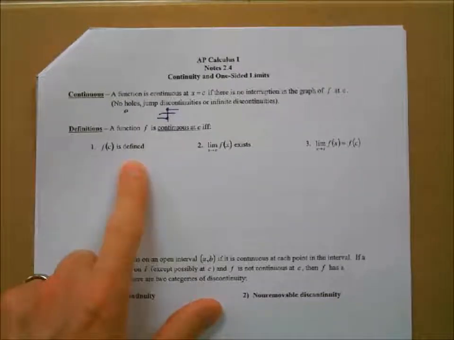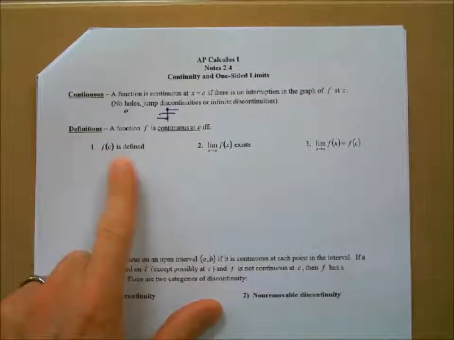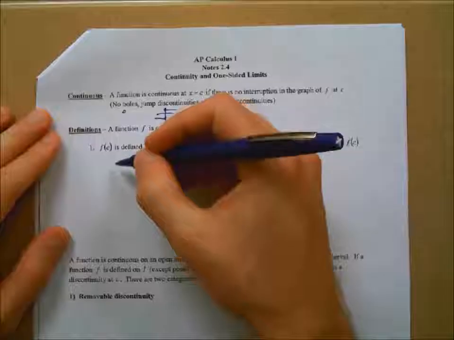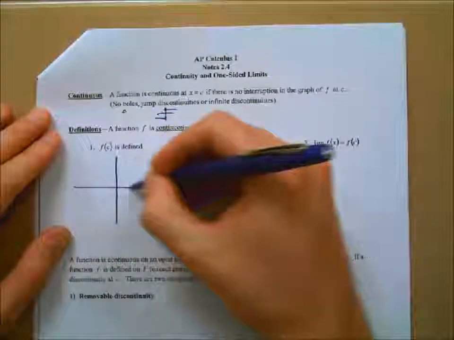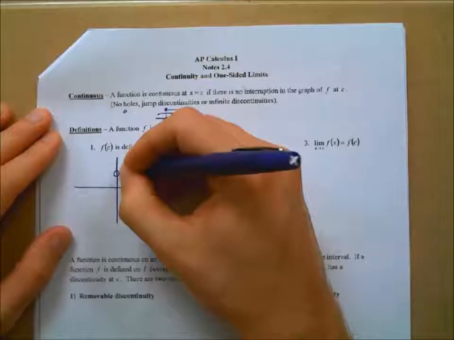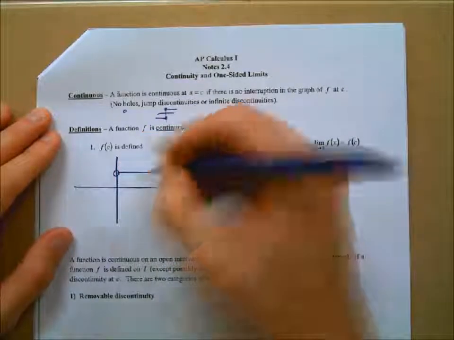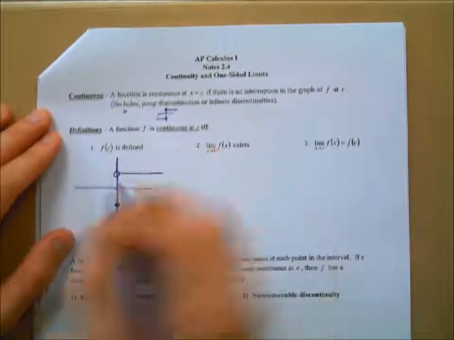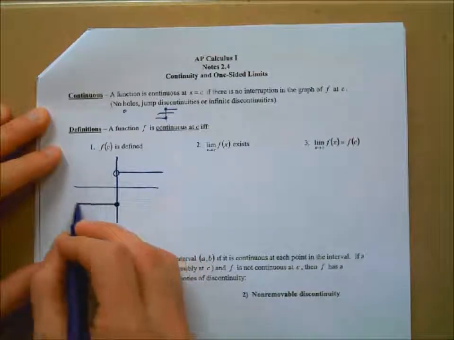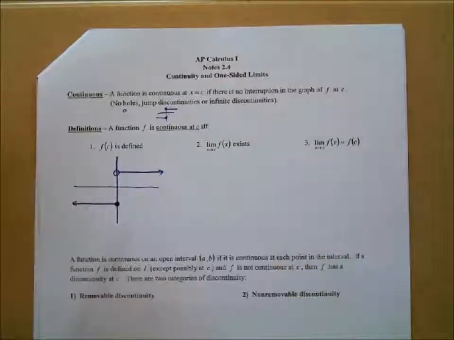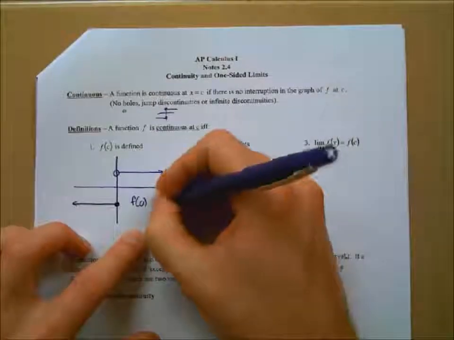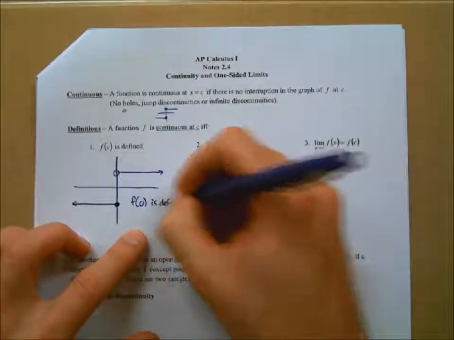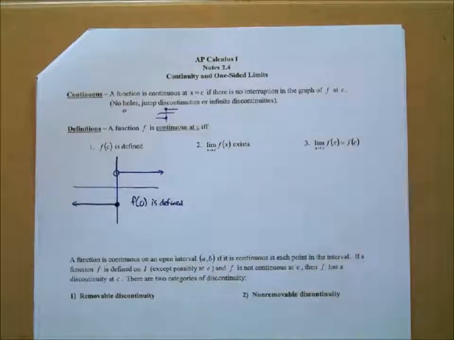So let's take a look here. First of all, we want to say f of c must be defined. So an example. I'm just going to draw a picture here. f of 0 is defined.